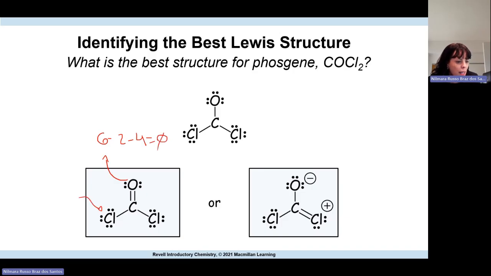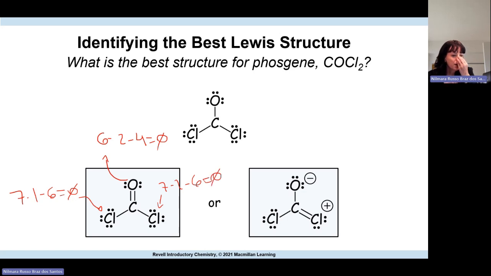If you go to this one, oh, sorry, we'll erase that. That's chlorine, so it's 7, right? 7 valence electrons, and then we have 1 bond and minus 6, so it'll be 0. And here, 7, 2, 4, 6, but 1 bond minus 6 is 0.